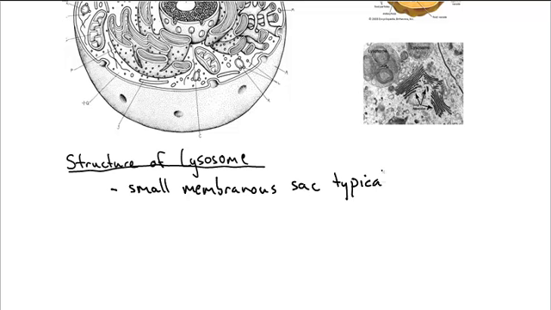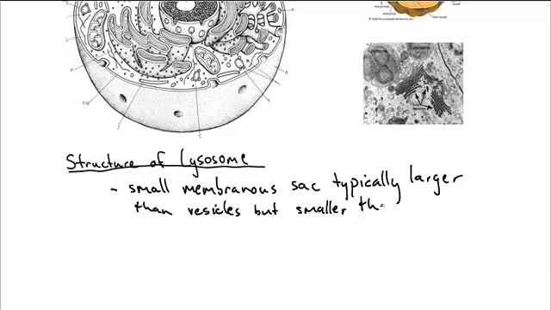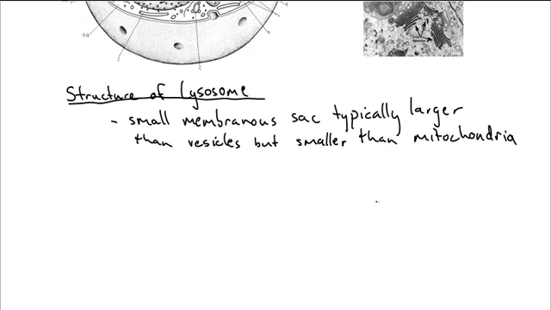Typically larger than vesicles, but smaller than mitochondria. On occasion they can be quite large, but generally if they're abnormally large, that's an indication that they're defective.